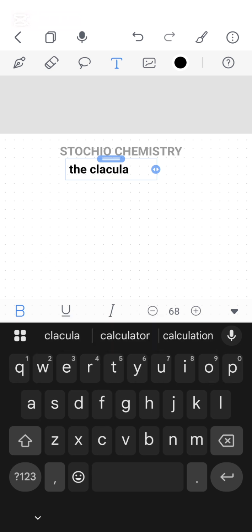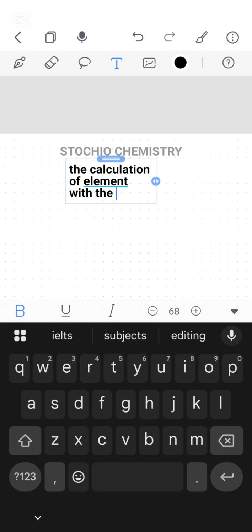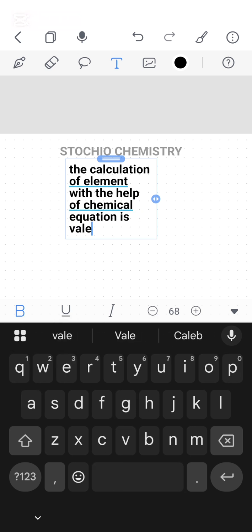The calculation of element with the help of chemical equation is called stoichiochemistry.